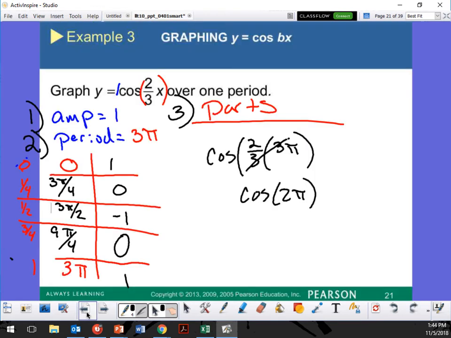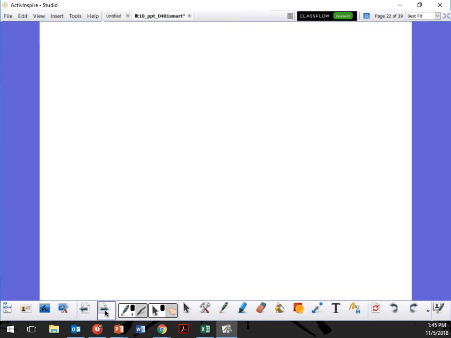Okay. So let's look to see what we have. We have my amplitude. We have my period. We have my parts. And now I can start my graph. So step 4 would be graphing it. I'm going to start it at 0. Where does it end? 3π. What was right in the middle? 3π/2.